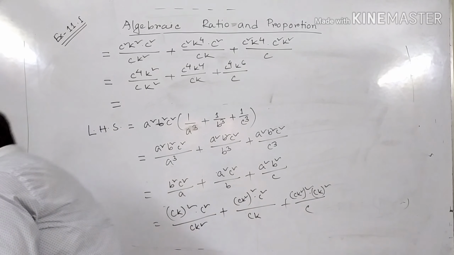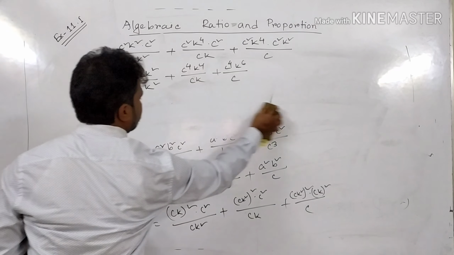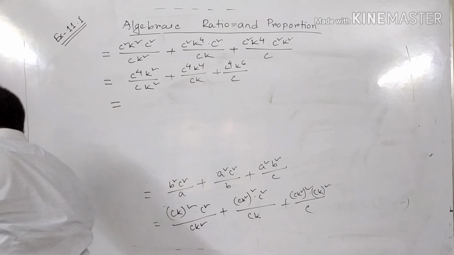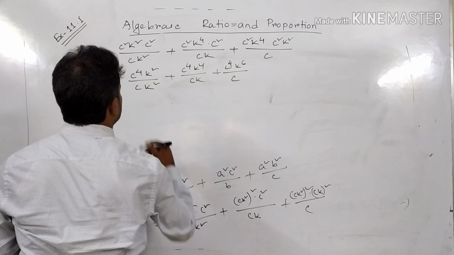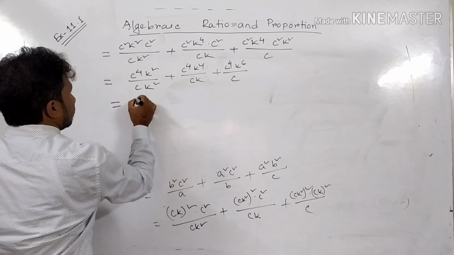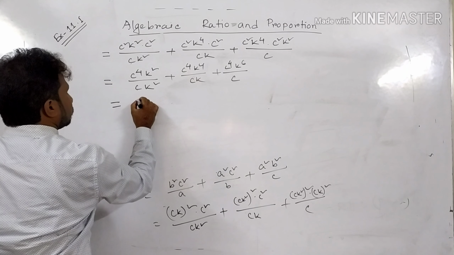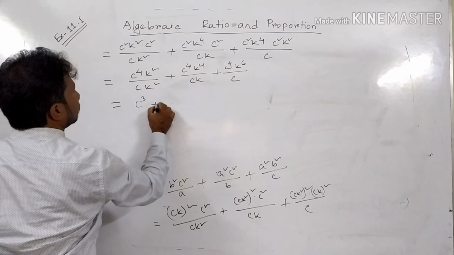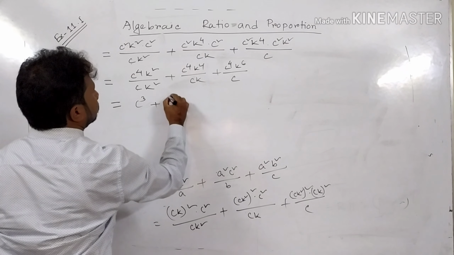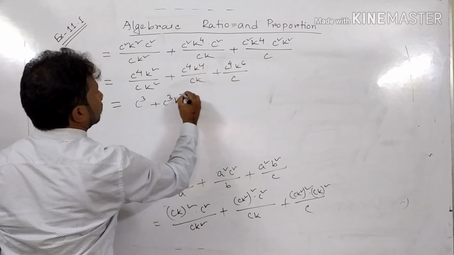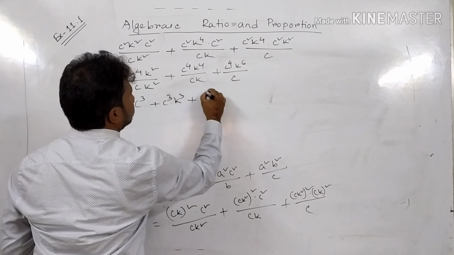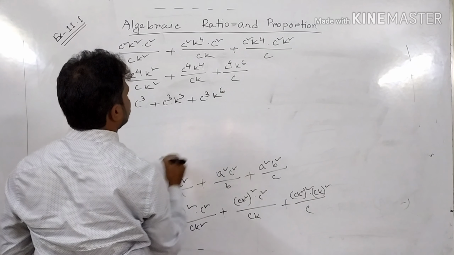I need to reduce it more. Erase it more. Now see c, then here it will be c cube k square, c cube. Then ck, here c cube k cube. Reduce. Here you will reduce c cube k to the power 6.